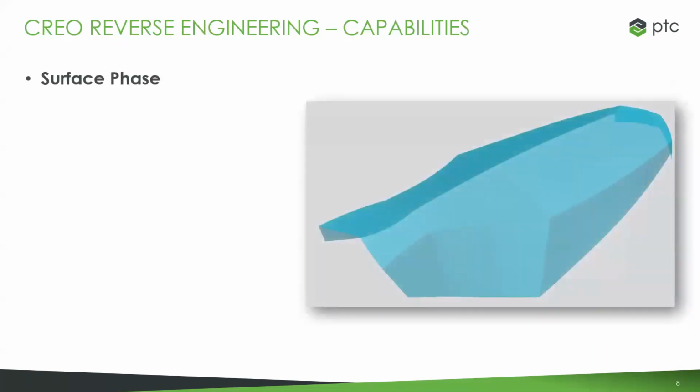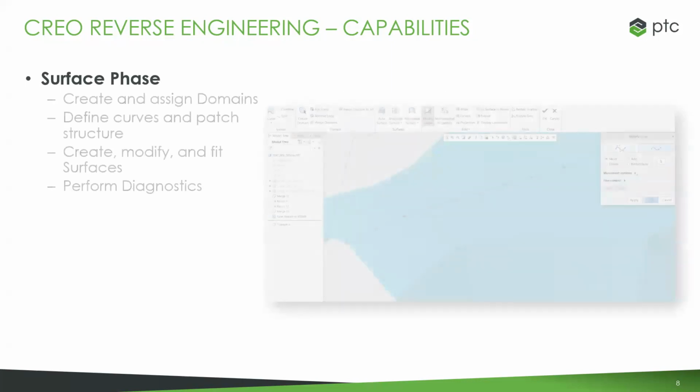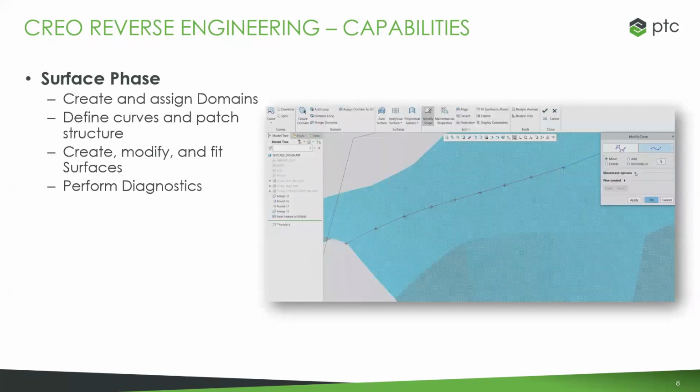That's going to move us into the third and really main step within this process, which is the surfacing phase. At the end of the day, reverse engineering is very much a surfacing tool for getting to that real manufacturable geometry. So real, true Creo surfaces that you can make use of going forward. And you'll see this a lot: I'm going to start by building up curves on top of that point cloud data.